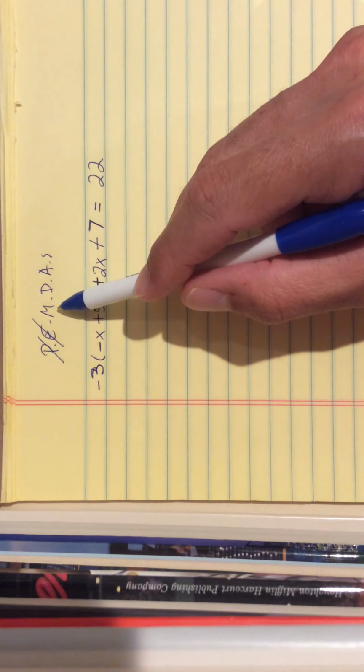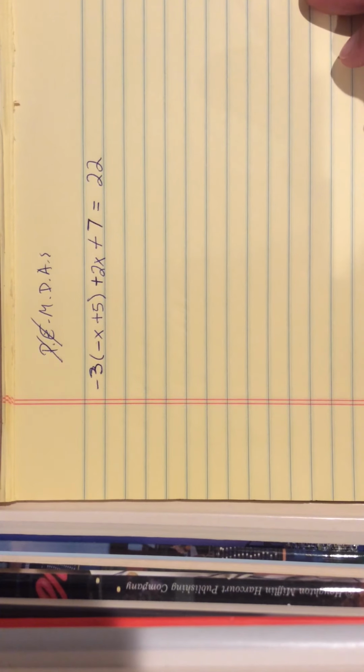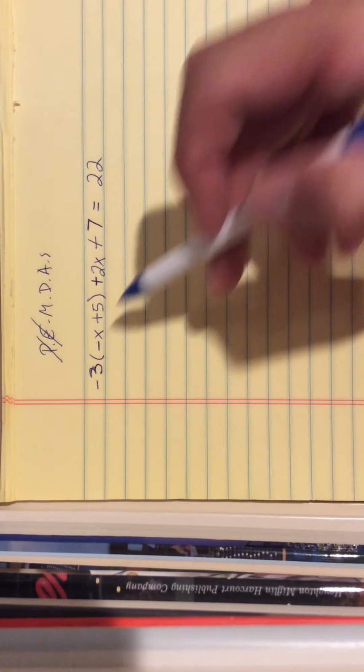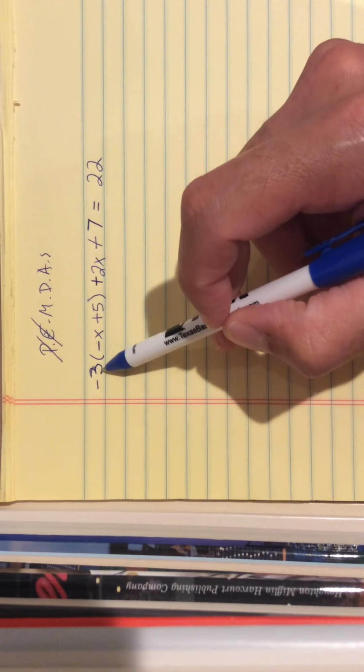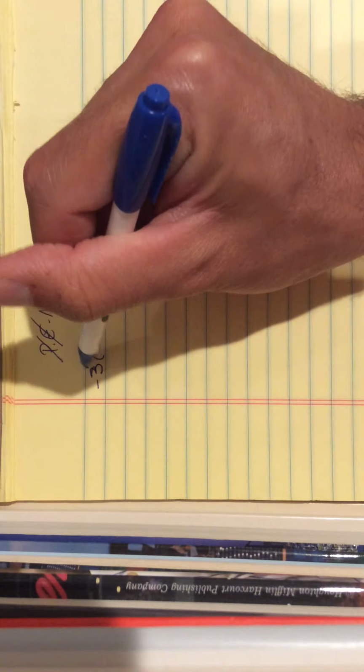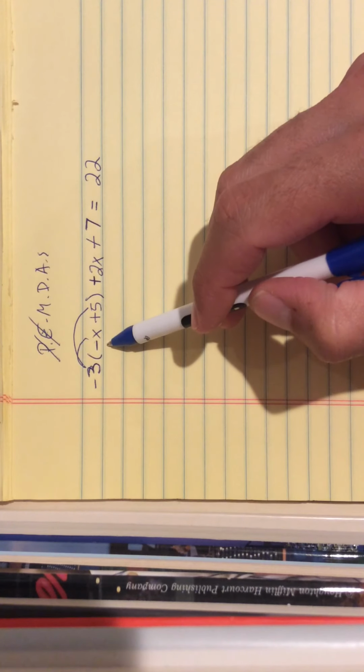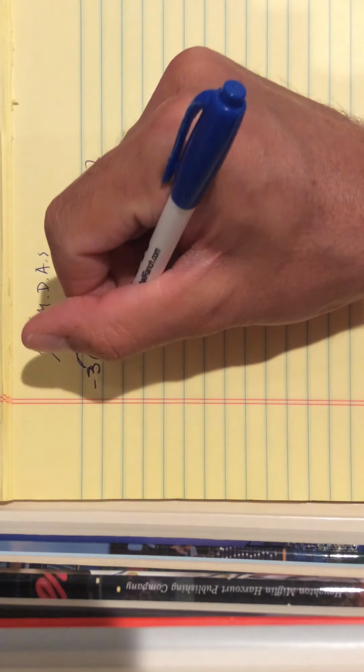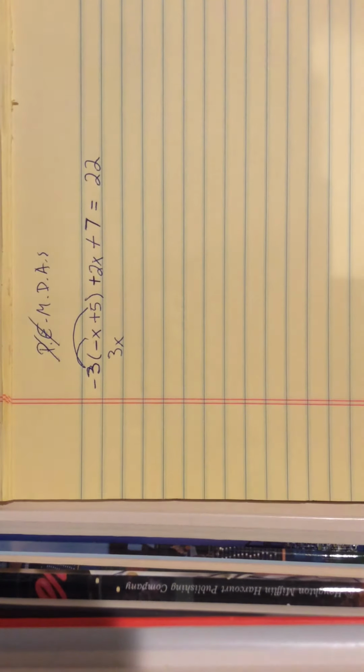There are no exponents, so I've checked off that. Then I go to multiplication. Do you see anything that you can multiply? The answer is yes. I can distribute, which is multiply, the negative 3. So the negative 3 distributes to the negative x and to the positive 5. Negative 3 times negative x becomes a positive 3x.